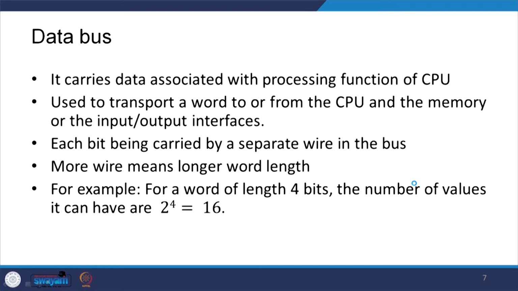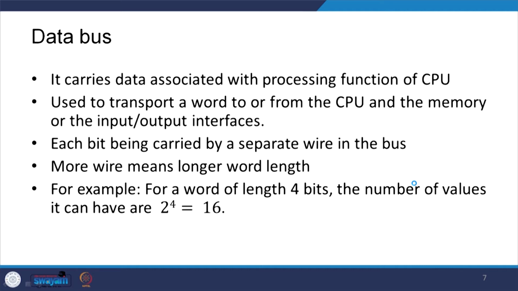The data bus carries data associated with the processing function of a CPU. It is used to transport a word to and fro between the CPU and memory or the input output interfaces. Each bit is carried by a separate wire in the bus, and more wires means a longer word length.